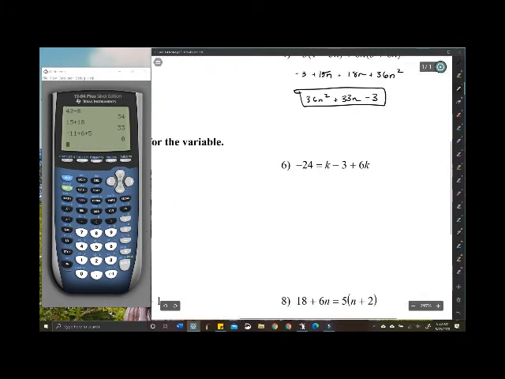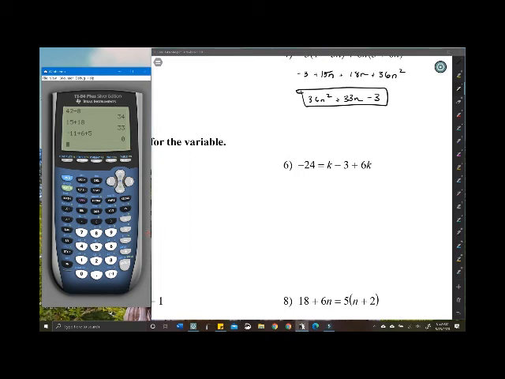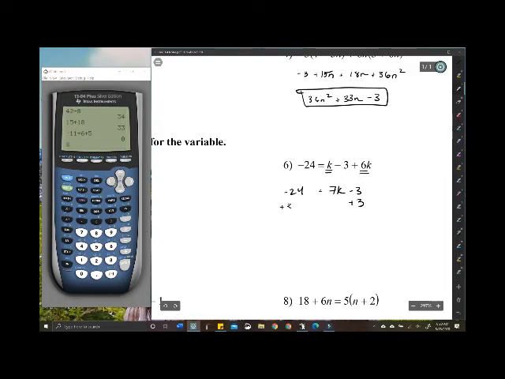Moving across here. This time, it'd be a good idea to combine like terms first. 6k and k is 7k minus 3, negative 24. Okay, add the 3 over first. It's tempting to divide by 7, but you want to do reverse order of operations.